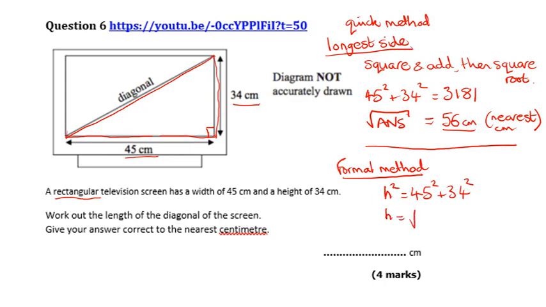So you can go square root 45 squared plus 34 squared, and you can type that all into your calculator all in one go, and we'll get the same answer there, 56 centimetres to the nearest centimetre. So it depends which method you've been taught and what method you're comfortable with. Either is fine.